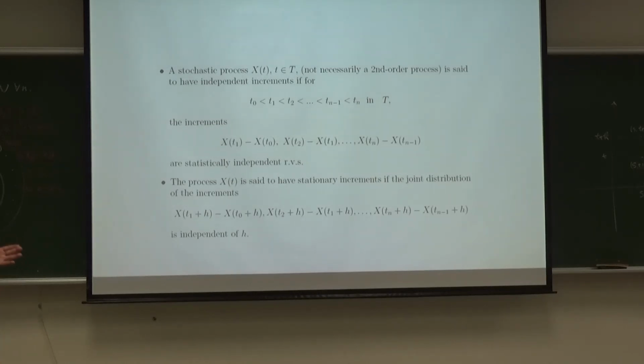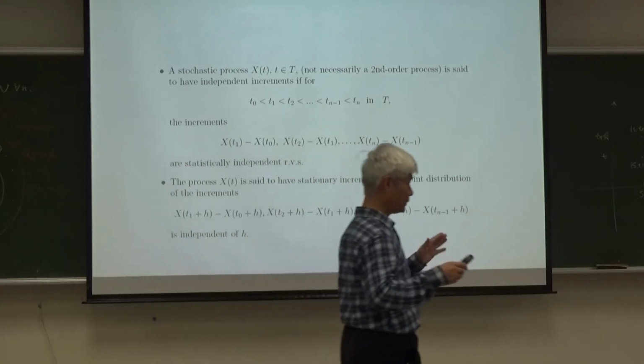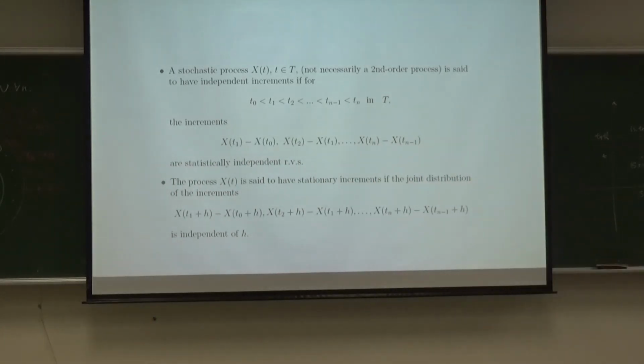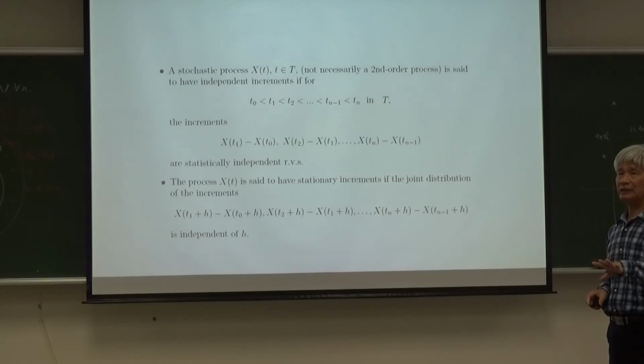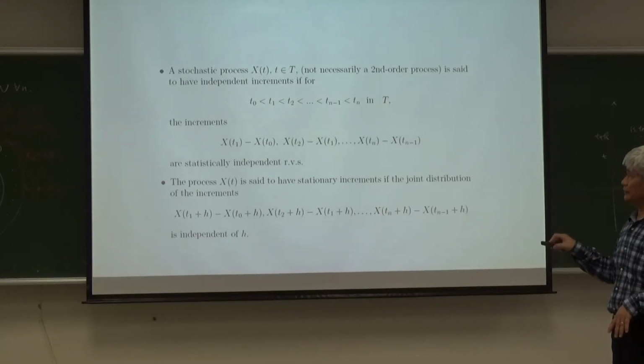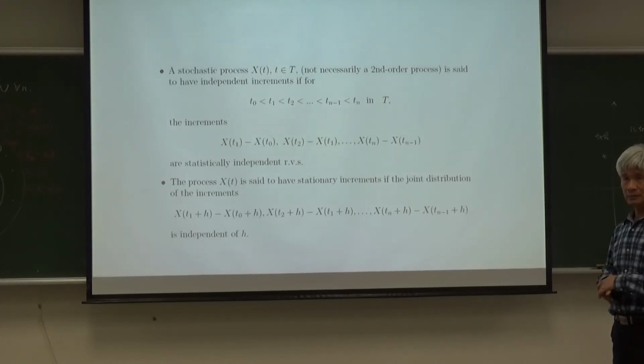So these two assumptions are very important for the study of stochastic processes. And so we will continue to work on those properties and to see how they affect the properties of the curve in the Hilbert space. Okay? Right, so I stop here.